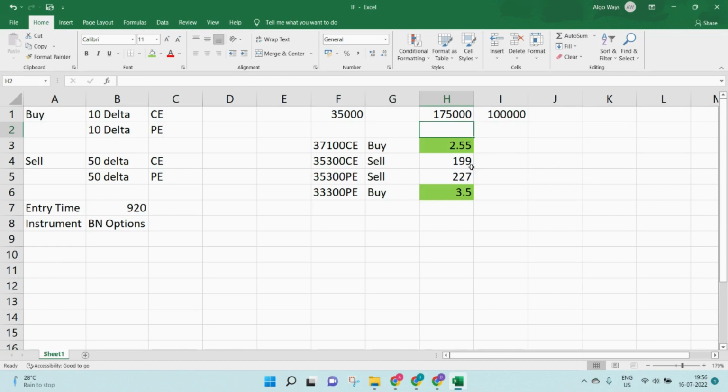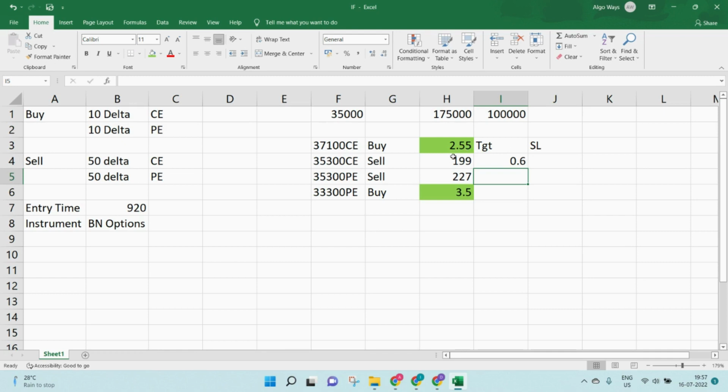Right. Now with the sell legs, we will keep a target and a stop loss. What is most often done by people is that we keep a target of say 0.6. 0.6 means when the sold premium goes down to 0.6 of its entry value.